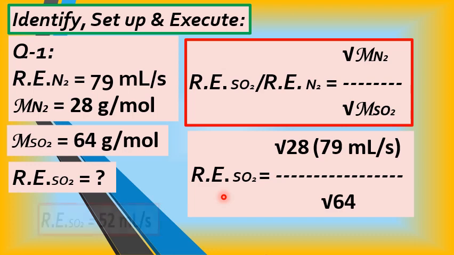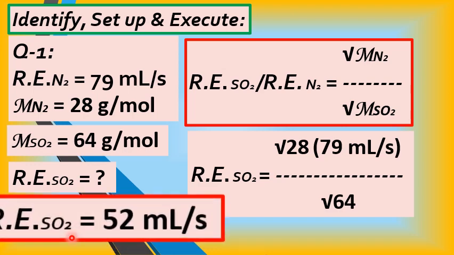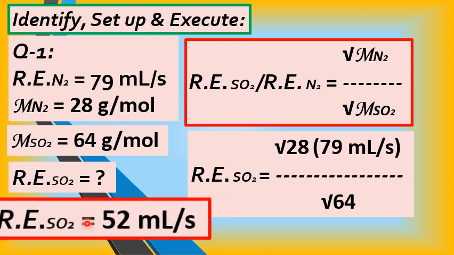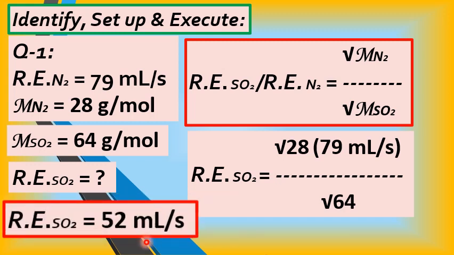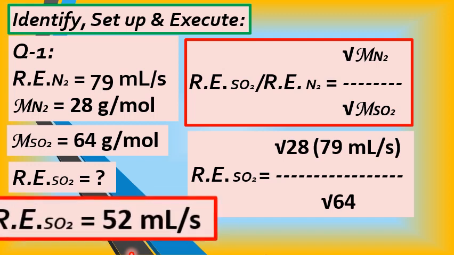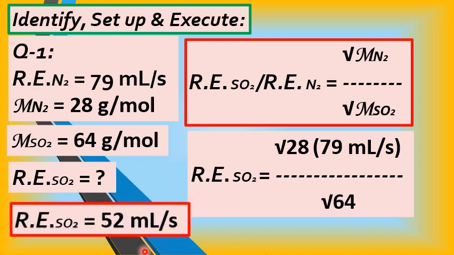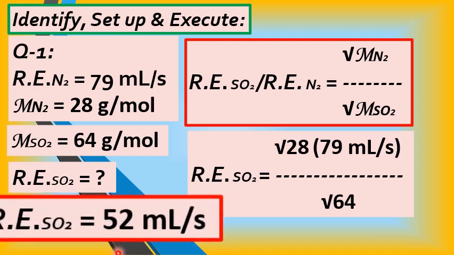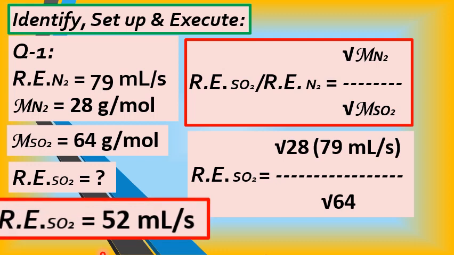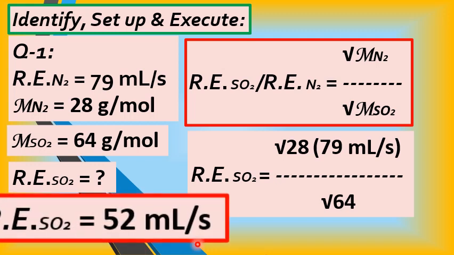And doing our math, we arrive at the value of the rate of effusion of sulfur dioxide equal to 52 milliliters per second, to two significant figures. And as expected, this is lower than the rate of effusion of the lighter nitrogen gas.